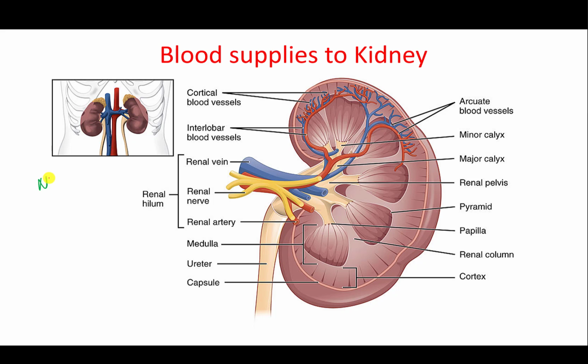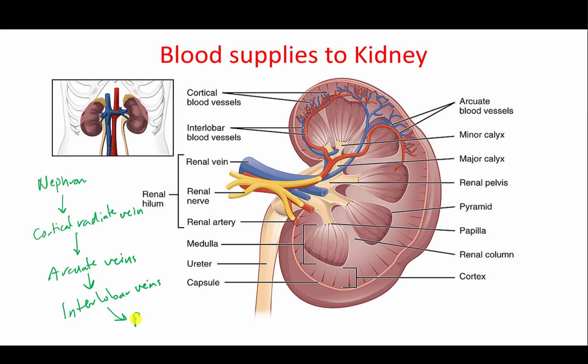Since we ended up with the nephron, we will start again with the nephron. From the nephron, we will have the cortical radiate veins. These will collect into arcuate veins, which will drain into the interlobar veins, which directly end up in the renal vein, which will take it to the inferior vena cava.